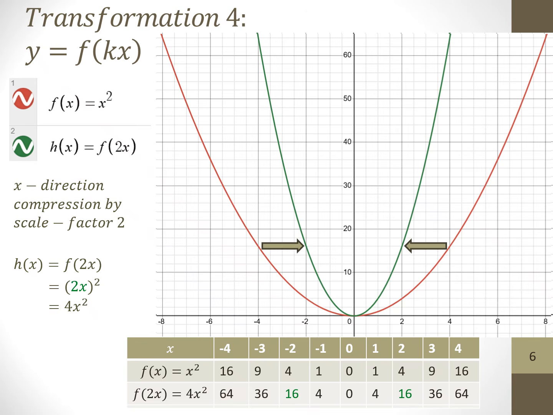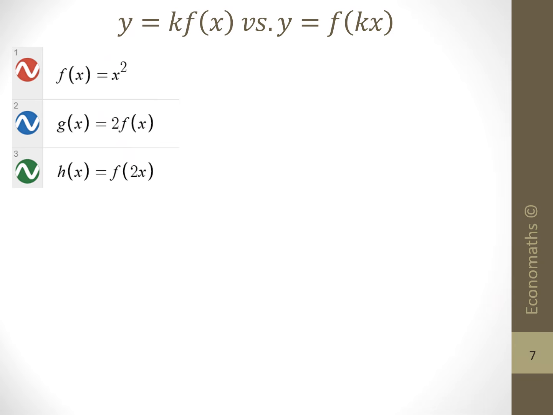And also the pairs of points at (2, 4) and (-2, 4) on the original function f of x get compressed in to (1, 4) and (-1, 4). So it's the x values that get halved, or compressed by a factor of 2, with the same y values.